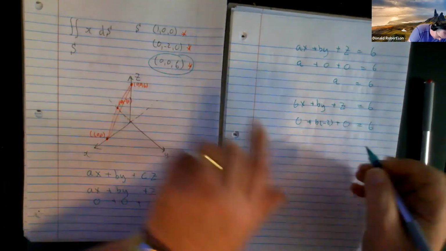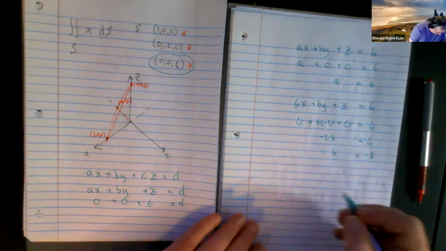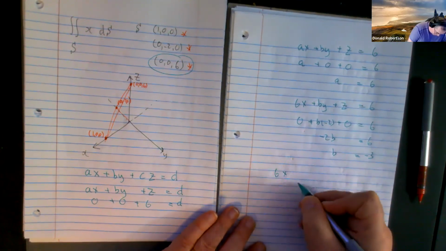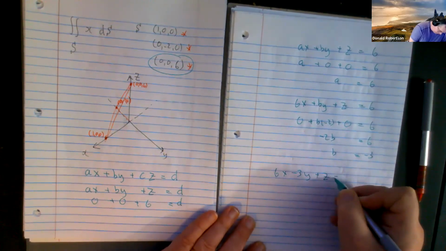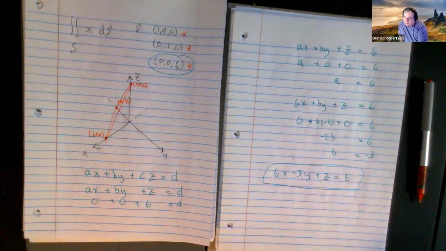And -2B equals 6. So B is -3. So I now know the equation. It is 6x take away 3y plus z equals 6. And that was just a little algebra trick to find the equation of a plane if you know 3 points.